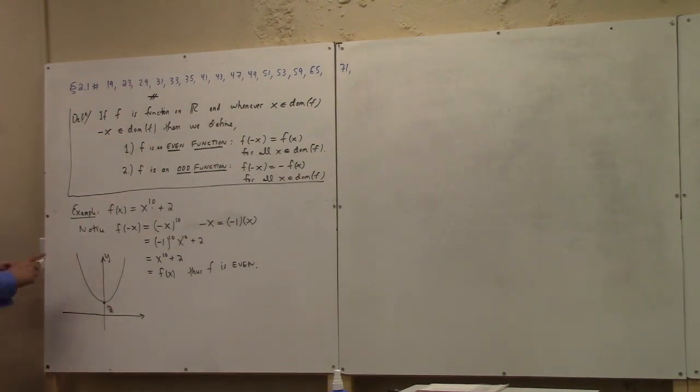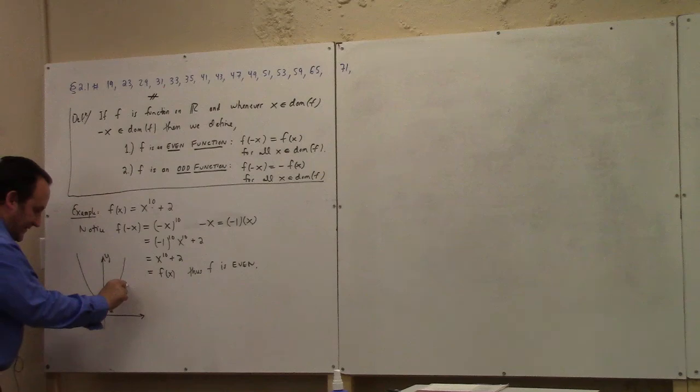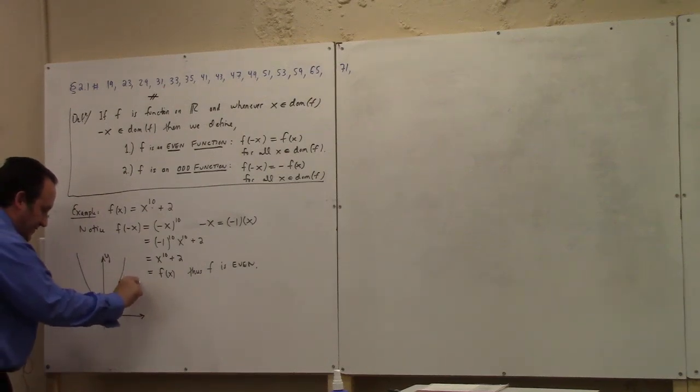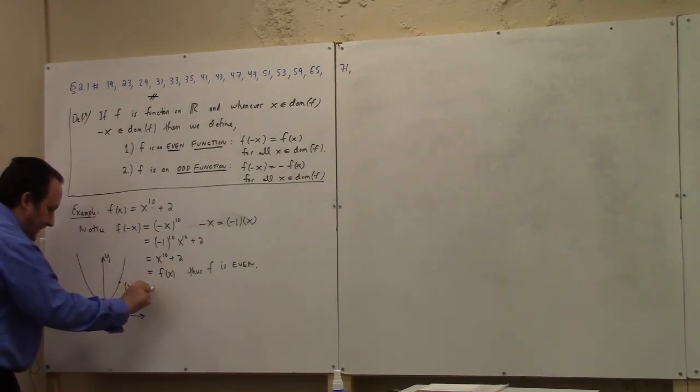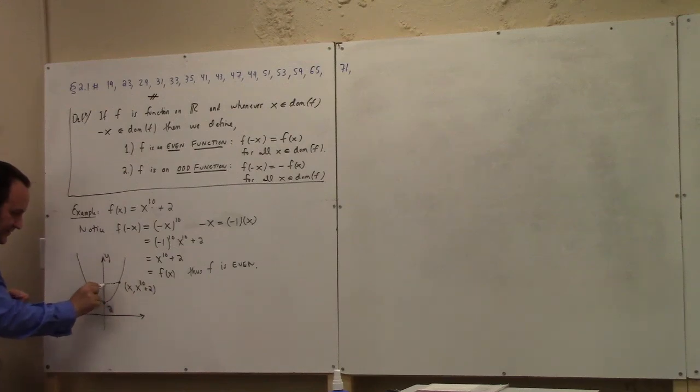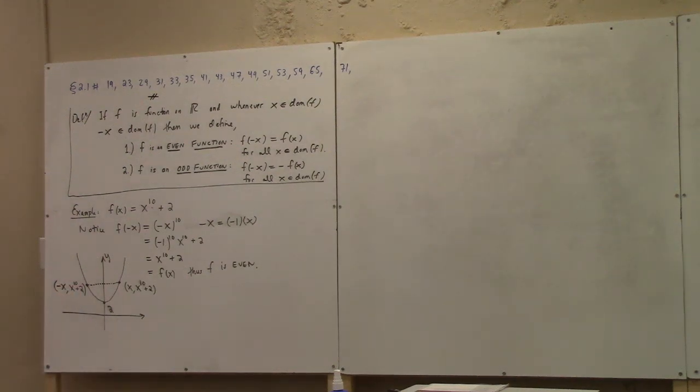And so the evenness means that if you take a point here, something like x comma x to the 10th plus 2, then if you go back over here, there's another point on the graph, symmetric about the y-axis, at minus x and the same y value, right? So geometrically, what it means for a function to be even is that its graph is symmetric about the y-axis. For every point on the right, you've got a corresponding point on the left, just a mirror image over the y-axis.